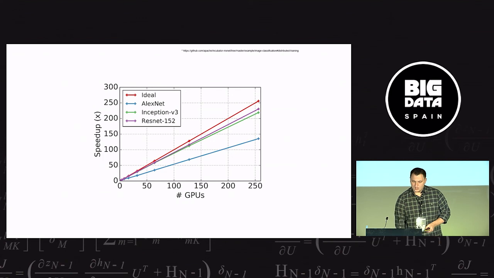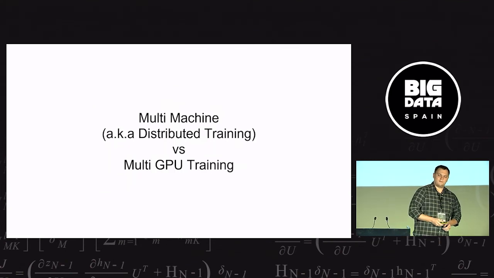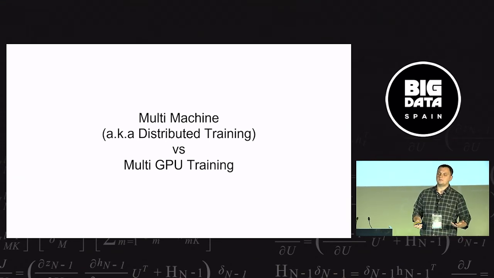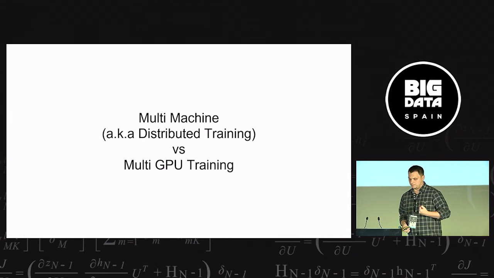Okay. Before we go further, let's talk about two main definitions: multi-machine, also known as distributed training, and multi-GPU training. And the thing is, a good deep learning framework is like Android. Android tries to eat all your battery on the phone, and good deep learning frameworks try to eat all your GPUs on the machine.